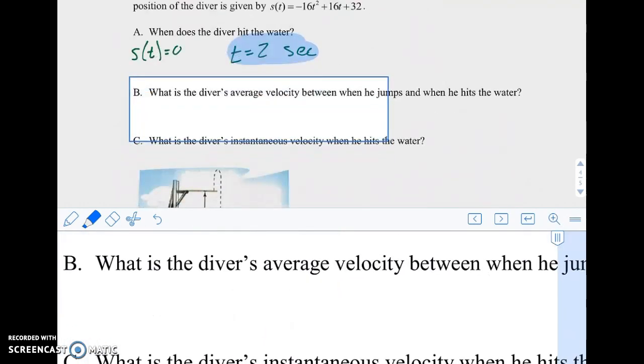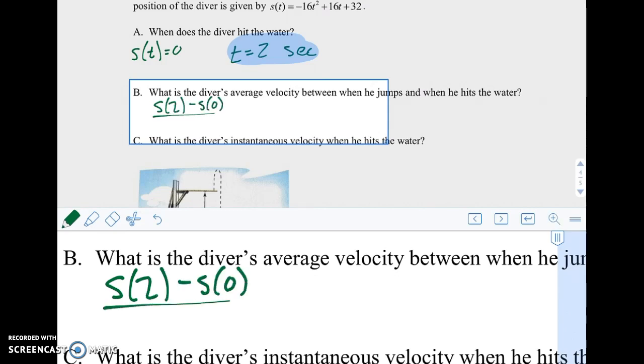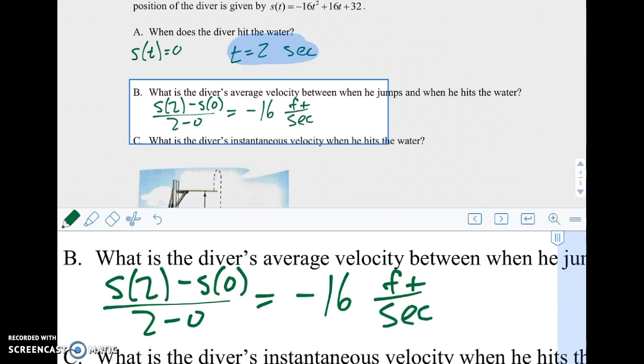Right, and then the diver's average velocity is just the rate of change, so that's going to be s of 2 minus s of 0, over 2 minus 0, which, if you work that out, will be a negative 16 feet per second. So for s of 2 and s of 0, you just plug in 2 and 0 to the equation and go.